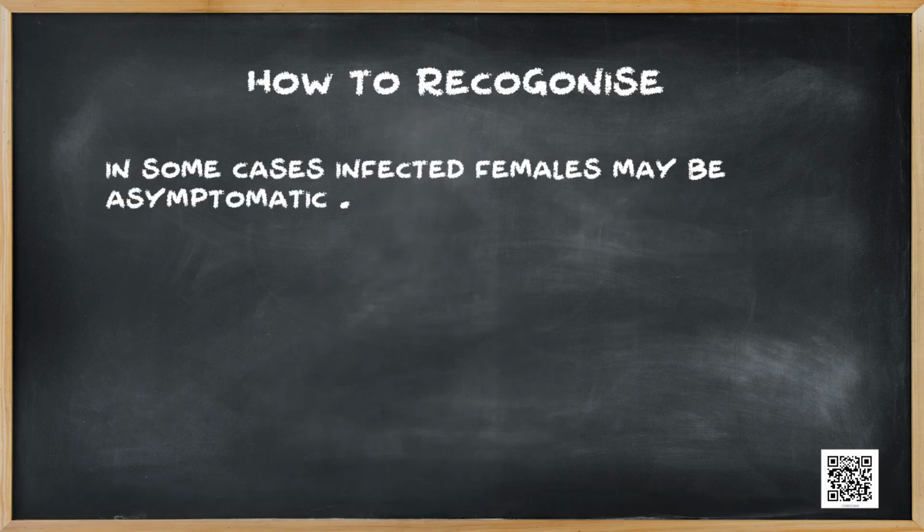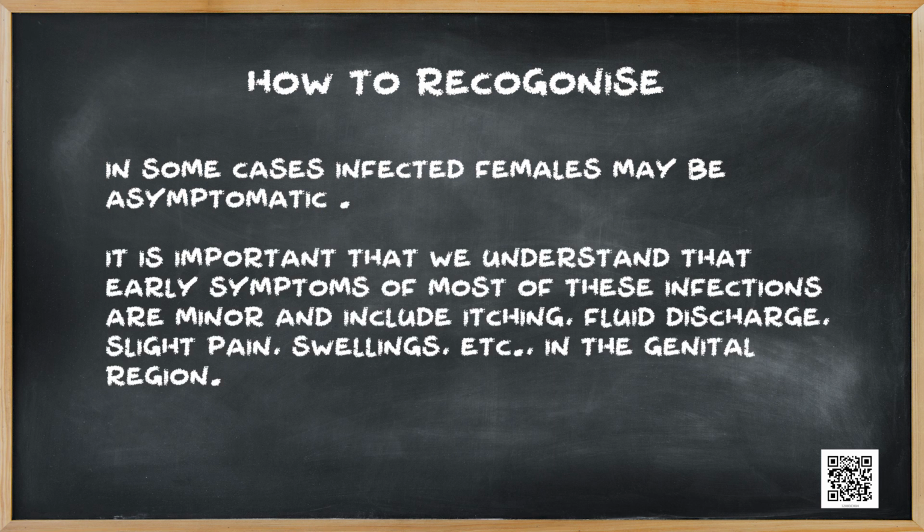In some cases, infected females may be asymptomatic. It is important to understand that early symptoms of most of these infections are minor and include itching, fluid discharge, slight pain, swellings, etc. in the genital region.